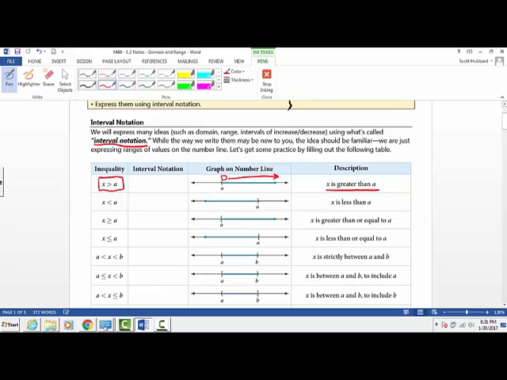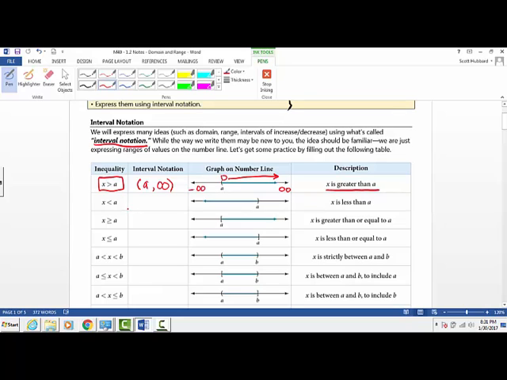Now what might be new to some of you is the interval notation, and the way we start is to just look at the number line. I'm starting at a, it's open, and I want to go all the way over to the very end of the number line. There's no end, so we can think of this as infinity over there, and so I go from a to infinity. On a number line, infinity is over here and negative infinity is on the left.